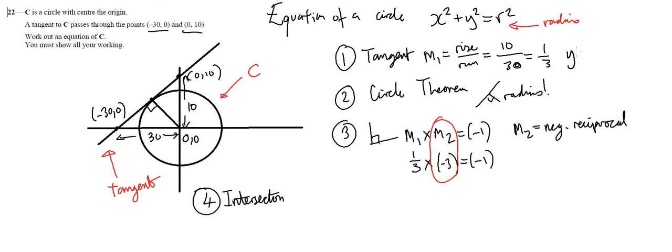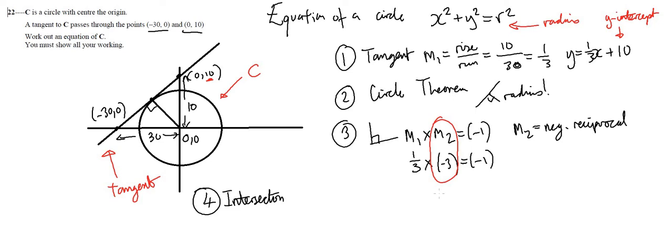The tangent is equal to y equals 1/3 x plus 10. You need to remember here, this is our y-intercept. Okay, and we can see our y-intercept there, where it's 0, 10.